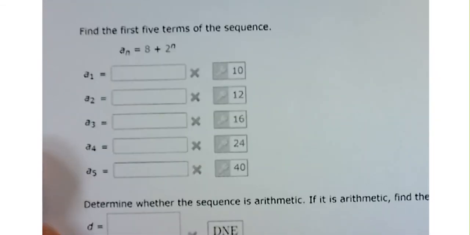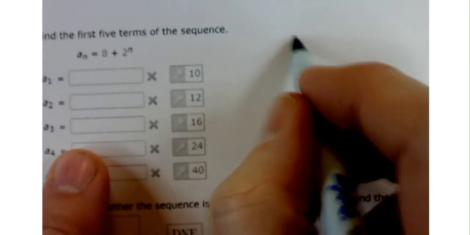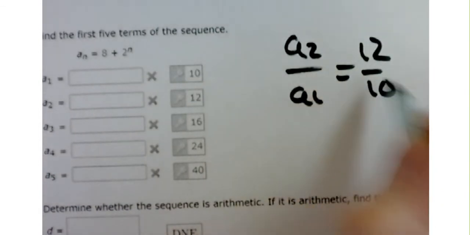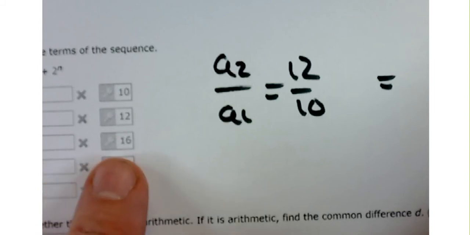How do you find the common ratio? If you're looking to see if it's a geometric sequence, then a sub 2 divided by a sub 1, that'd be 12 over 10. Let's compare that to a sub 4 divided by a sub 3. That would be 24 over 16.